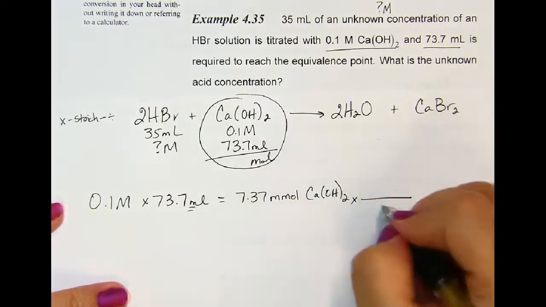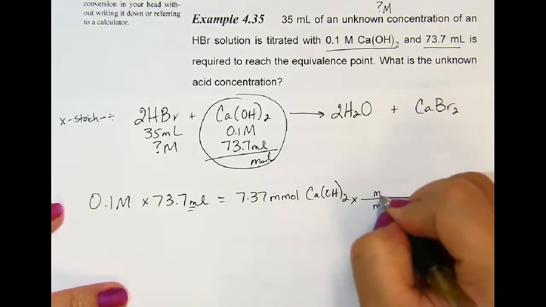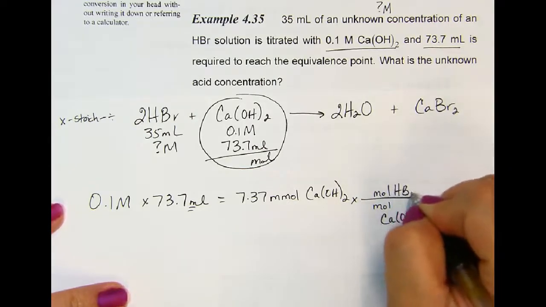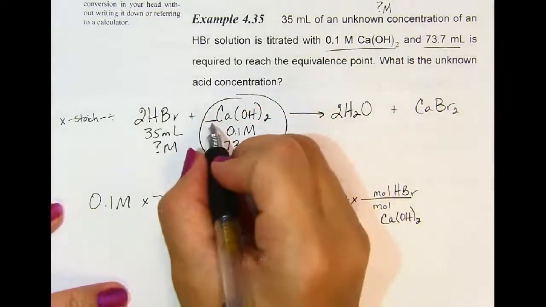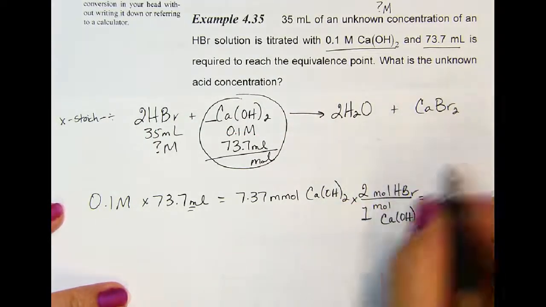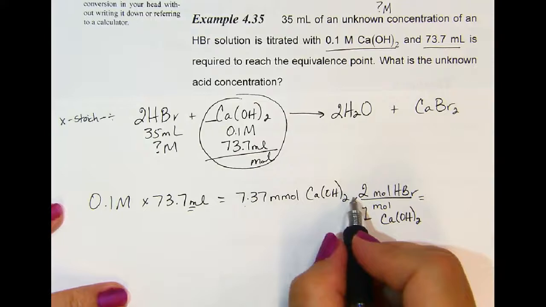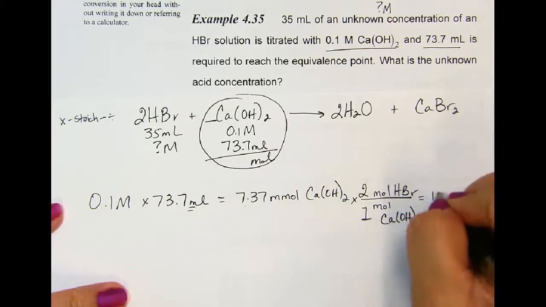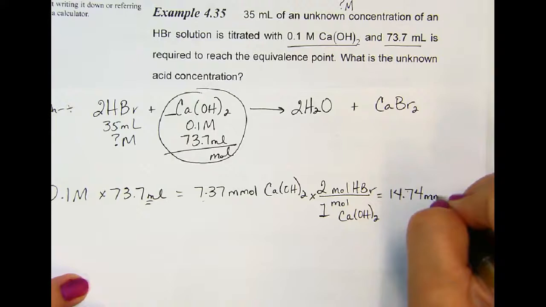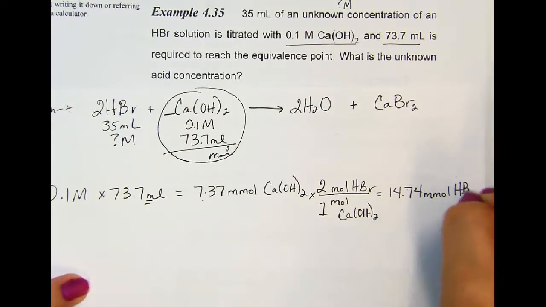Times, draw a line, and now I can do my mole-to-mole ratio between calcium hydroxide and hydrobromic acid. And we have a ratio of 1 to 2. So I have a 1 here, a 2 here, which means I'm going to multiply this value by 2, and that's going to give me 14.74, and that's going to be millimoles of hydrobromic acid.